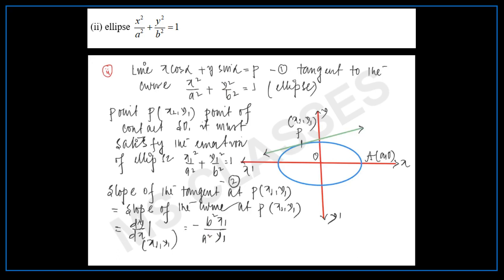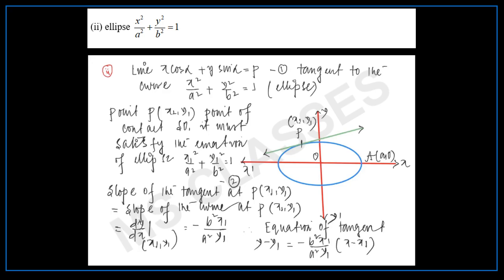And therefore, equation of tangent: y minus y1 equal to m into x minus x1.